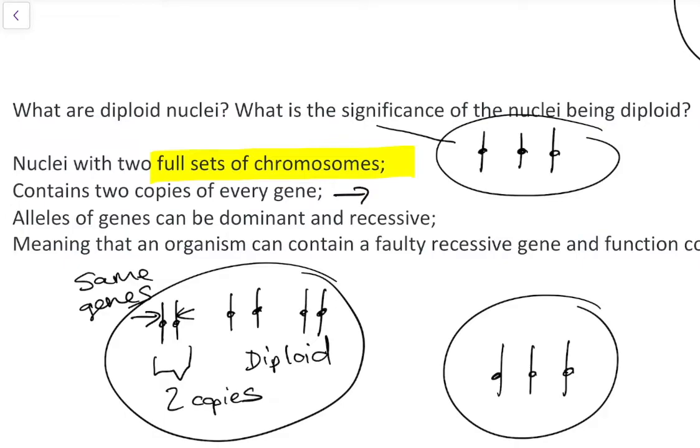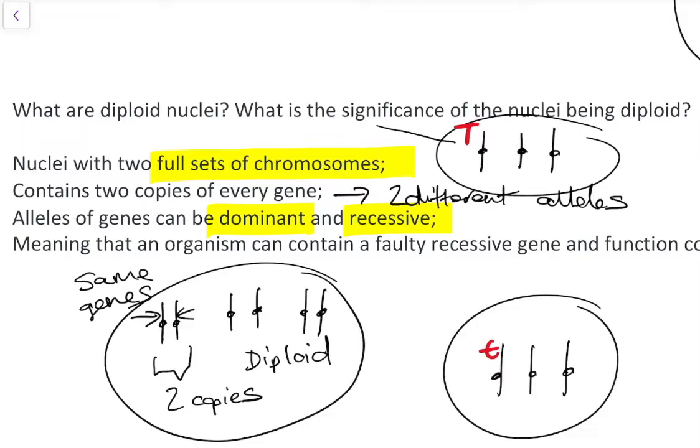And these could be 2 different alleles, or it could be that you have the same alleles from both your mother and your father. But it could be that you've got some which are dominant and some which are recessive. So this could be, on this chromosome here, there could be a big T, on this one there could be a little t.